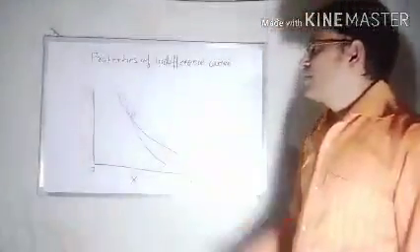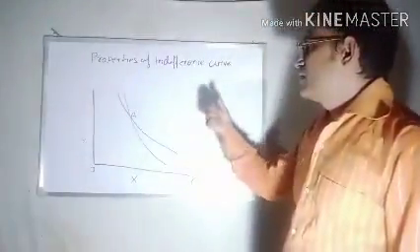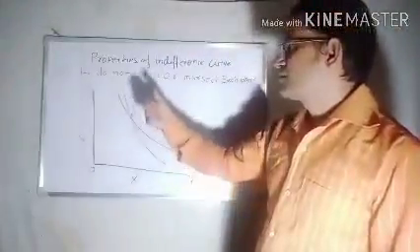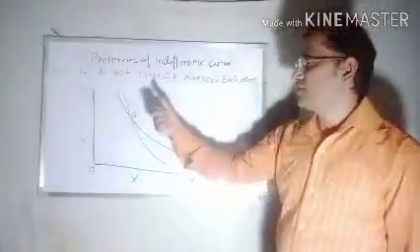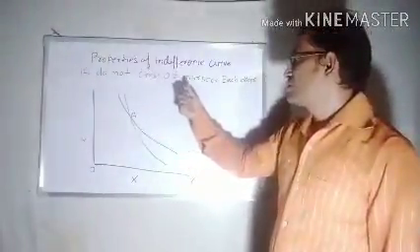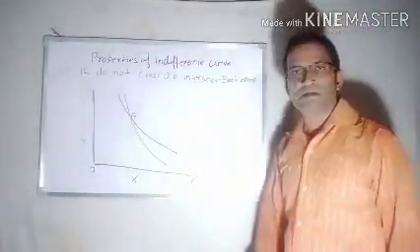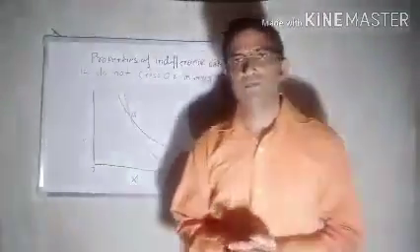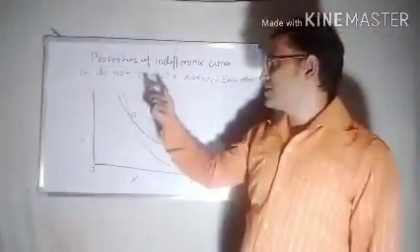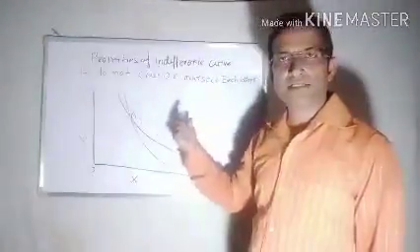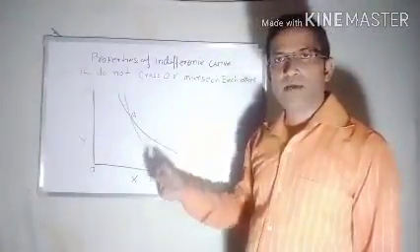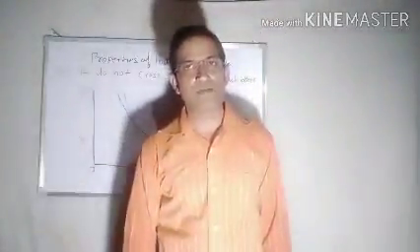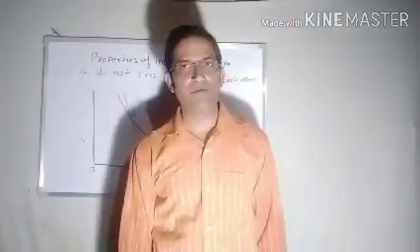Now the next property of indifference curves is that ICs do not cross or intersect each other. This is another property of the IC curve. Why? Because we already discussed in the indifference map that a higher level of indifference curve always gives a higher level of satisfaction.